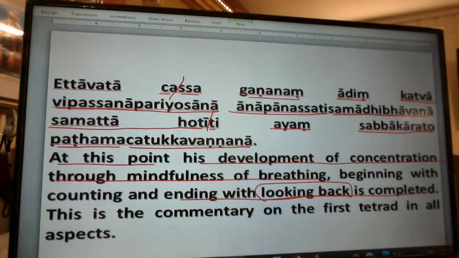That kind of full aspect. The Buddha mentioned it like this in the Mahasatipatthana Sutta as well.